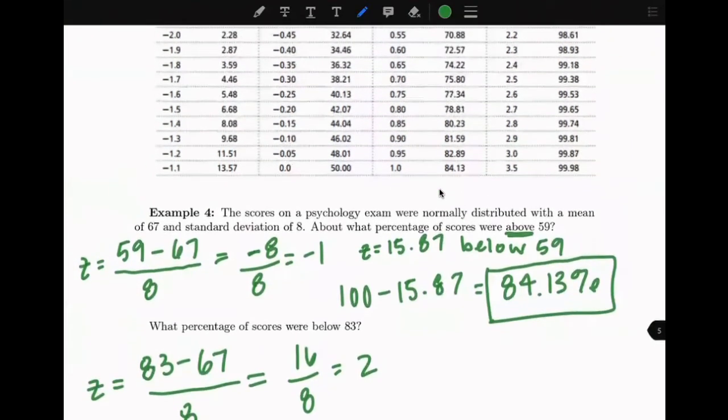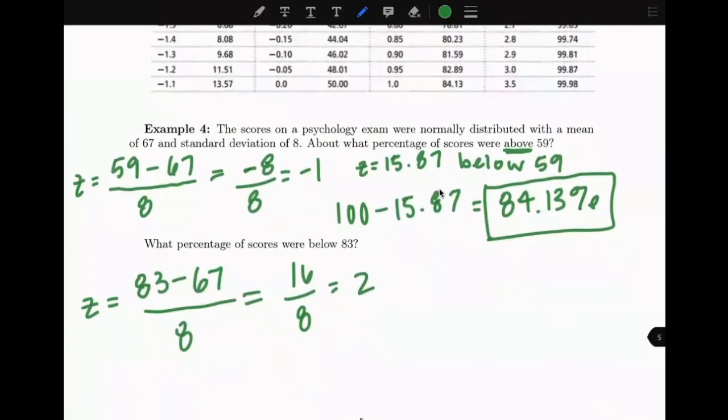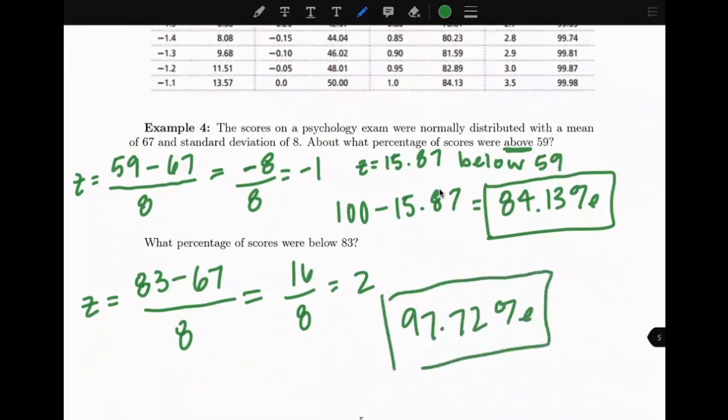So if we scroll up to our table and we look for this 2, a z-score of 2 is 97.72. So that means 97.72% were below 83. Because the percentiles always give you what is below.